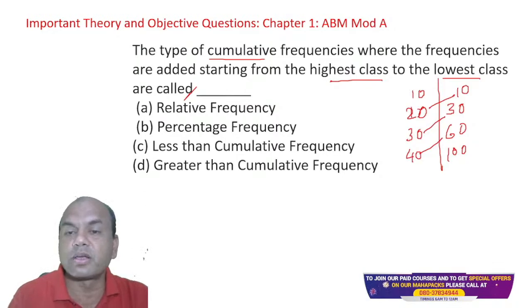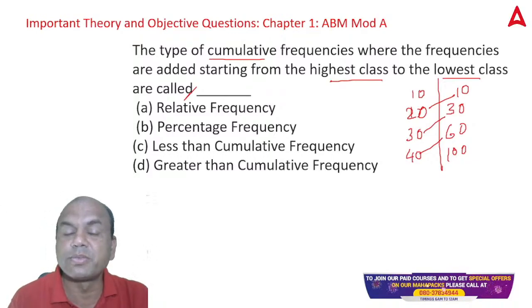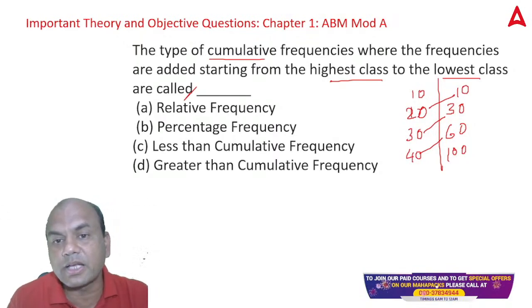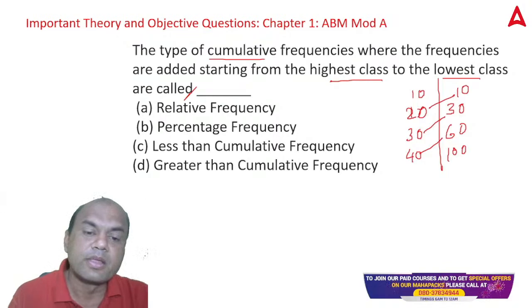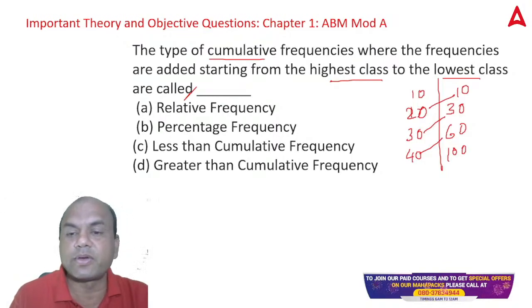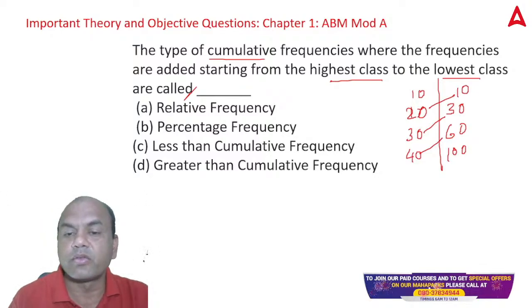The question is when the frequencies are added from the highest class to the lowest class. Highest to the lowest means what? What do you mean by the class? Let's say I am having these numbers only, 10, 20, 30, 40. Now what will I do? I'll divide these numbers in classes.